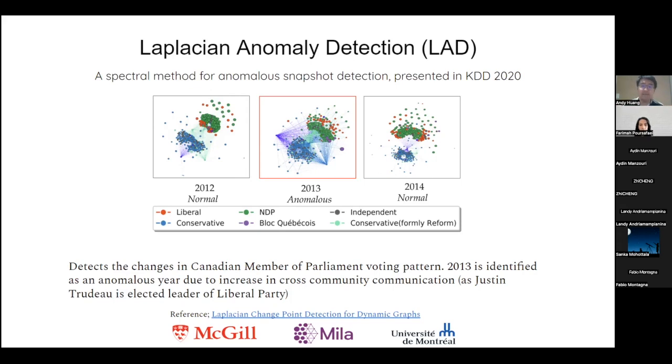Here we can see that the anomaly that we detected is the graph snapshot at 2013, where in this year Justin Trudeau was elected as the Liberal Party leader in Canada. So we can see a lot of cross-community edges in this visualization as well. And that constitutes one example of a global graph change, or a change in the graph distribution.